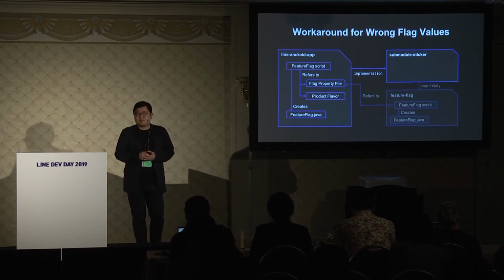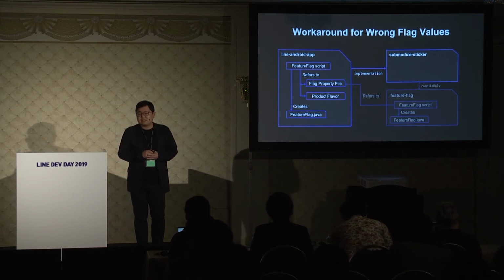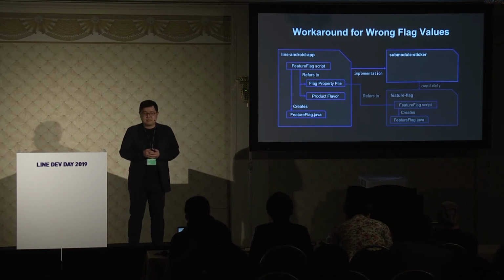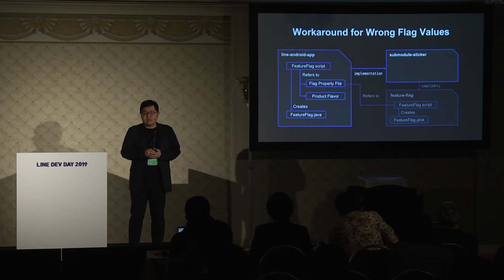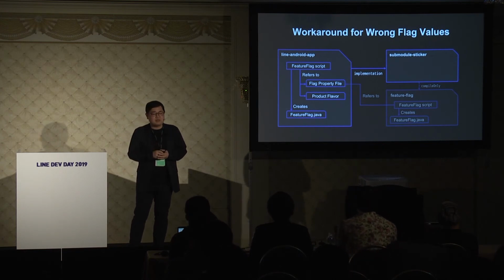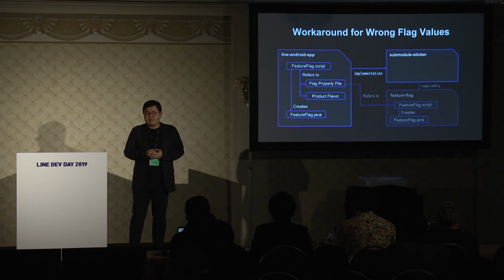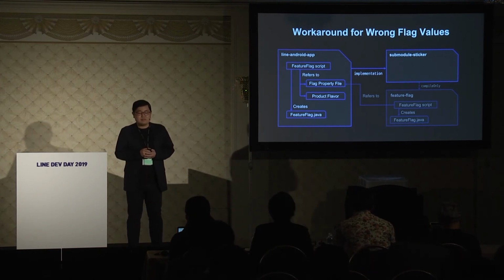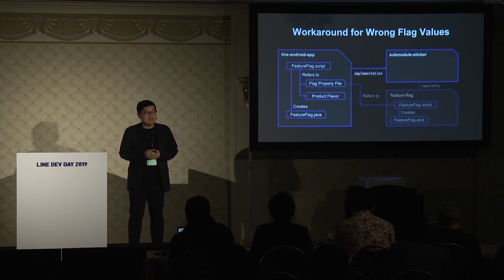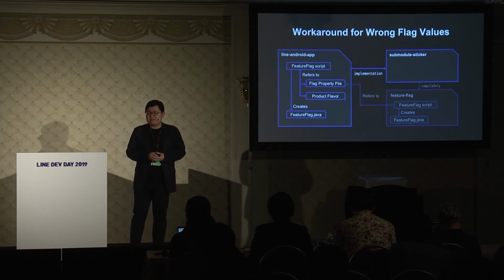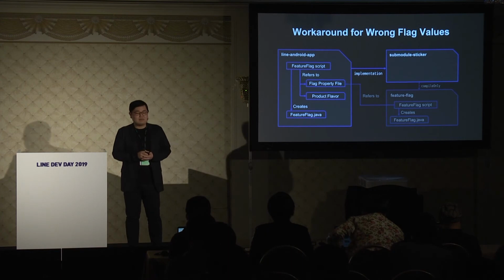When the app is executed, there is no feature module feature flag class. There is only one feature flag class in the app. So the feature flag class referred by the submodule is the app module feature flag class. So with this, also from the submodule, it can refer to the right value of the app module. So the wrong value problem was solved.